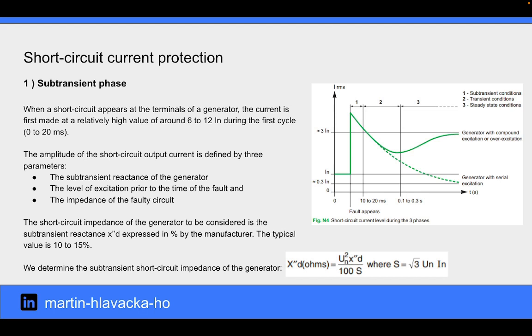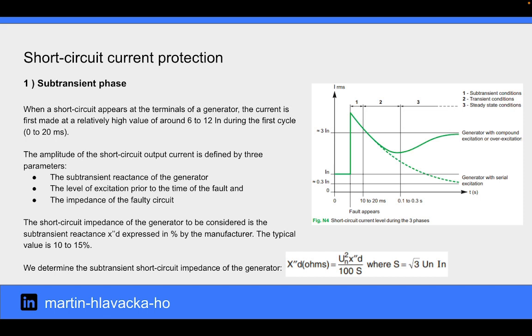Subtransient phase. When a short circuit appears at the terminals of a generator, the current is first made at a relatively high value of around 6 to 12 times nominal current during the first cycle.